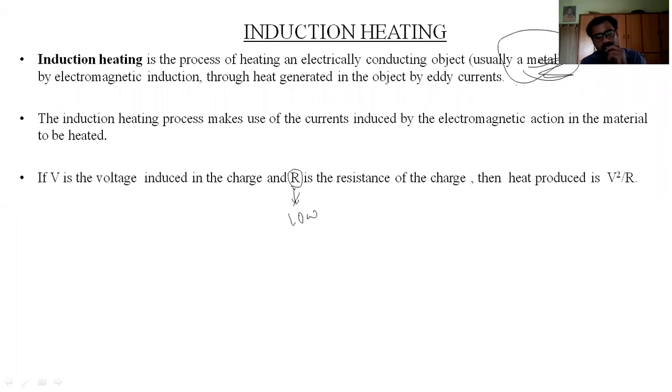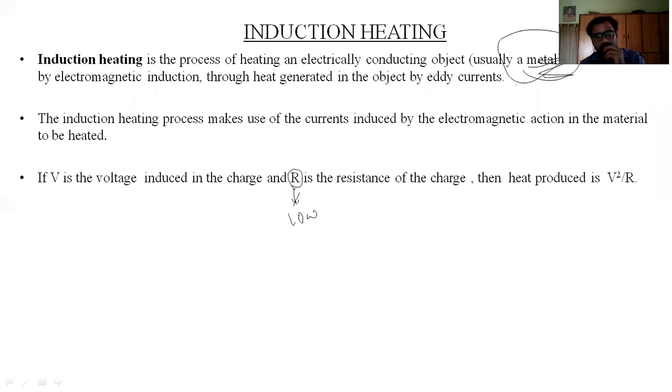How can this be obtained? By employing higher frequency and higher flux. Why are we using the word flux? Because we are dealing with the induction process. This is nothing but working on the principle of a transformer. So what is that principle?